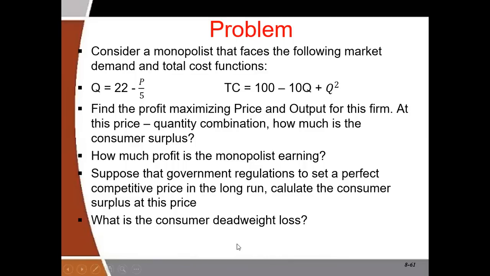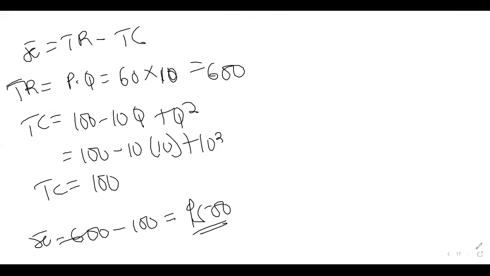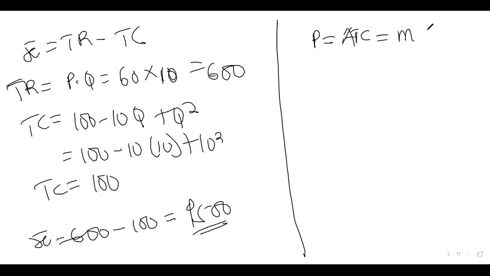Now, when we were doing perfect competitive firms, I showed you that in the long run, for perfect competitive firms, their price is equal to their average total cost. It's equal to their marginal cost for a perfect competitive firm. Their price is equal to the average total cost, is equal to the marginal cost.